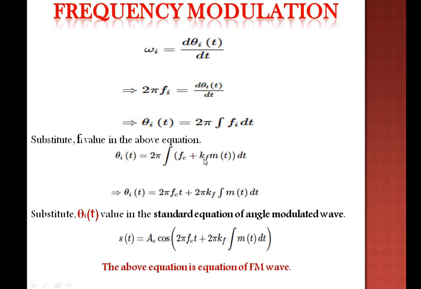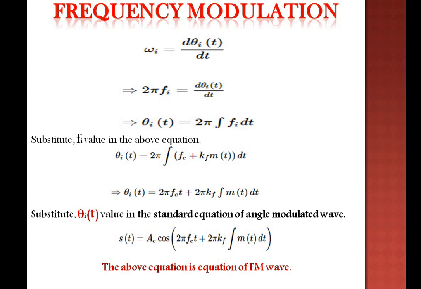Now what will the equation become? I will multiply the equation through with everything. So 2 pi Fc t plus 2 pi Kf times the integration of m of t, after doing all this simplification. Now I will substitute this value of theta i of t into the standard equation of your angle modulated wave. What is the standard equation of your angle modulated wave?